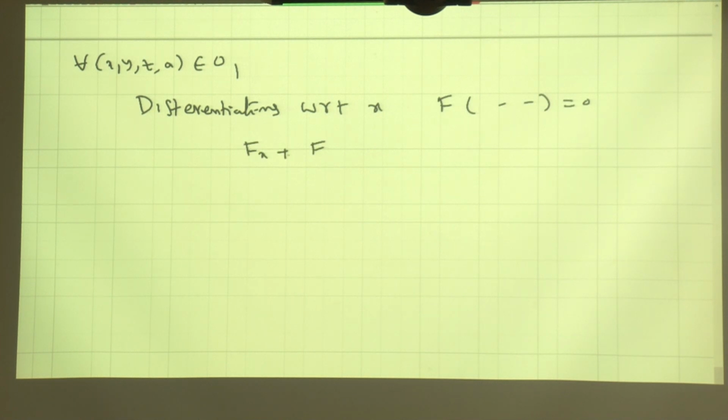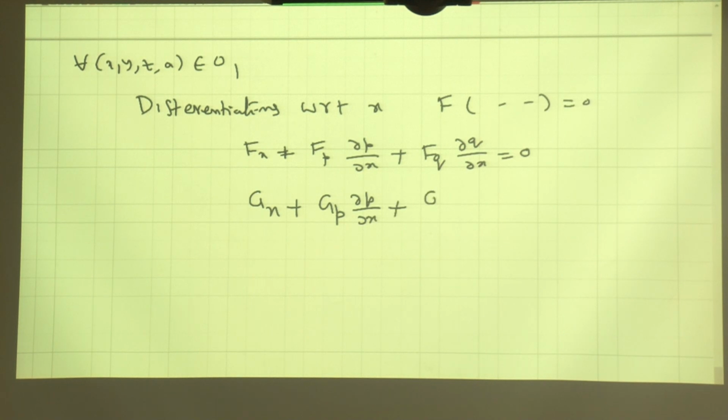Then we remember we have to differentiate with respect to p and write dou p by dou x, and then Fq and dou q by dou x equal to 0. Same thing you will do for G. Same thing will come, right? Because everything is the same but for the name F and G. So for G you will get Gx plus Gp dou p by dou x plus Gq dou q by dou x.